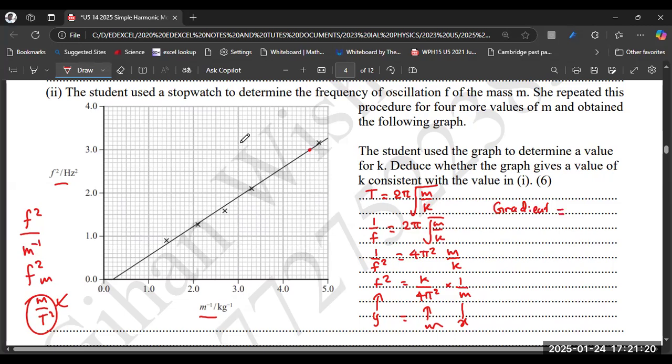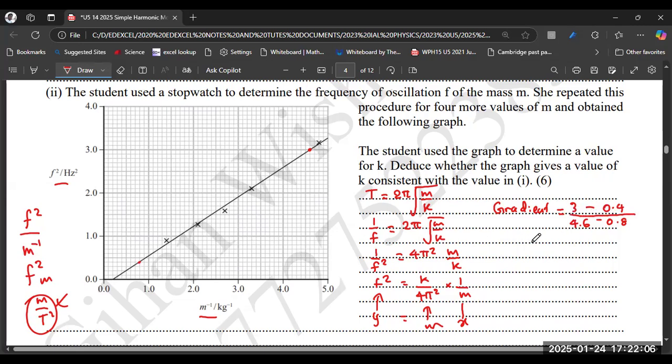This is 3 and 4.6, that would be 0.4 and 0.8. y difference 3 minus 0.4, x difference 4.6 minus 0.8.